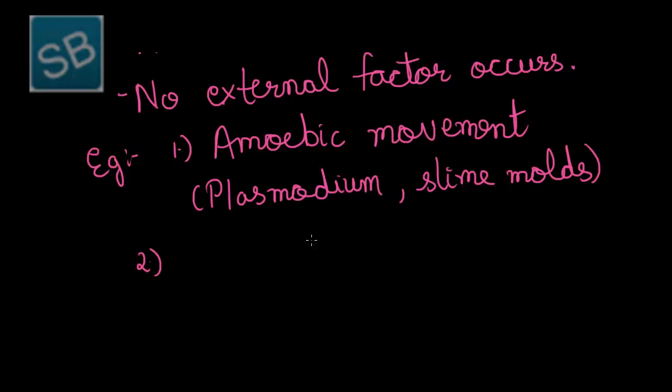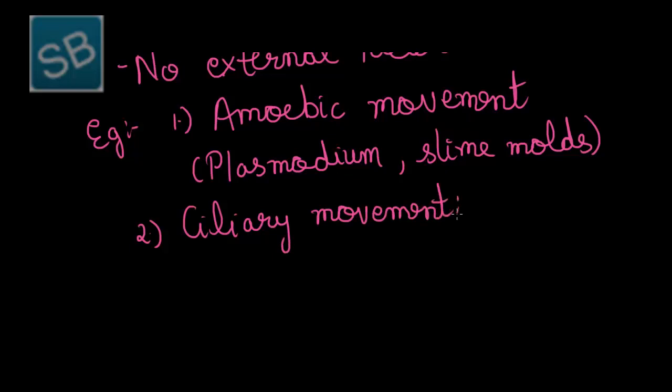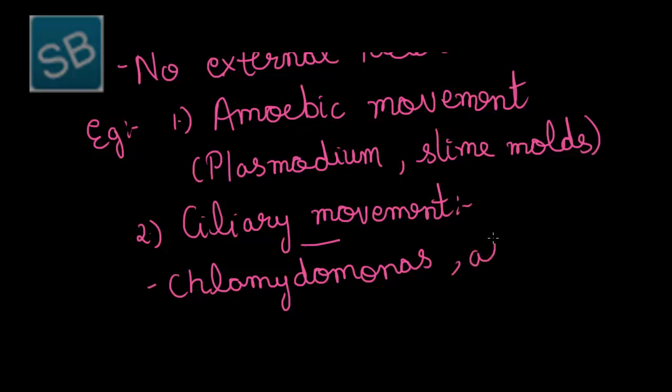The second type of movement that can be considered an example of autonomous movement is ciliary movement. As we all know, cilia is a structure present within an organism in order to carry out movement or locomotion. Such ciliary movement occurs within species of Chlamydomonas and algae.